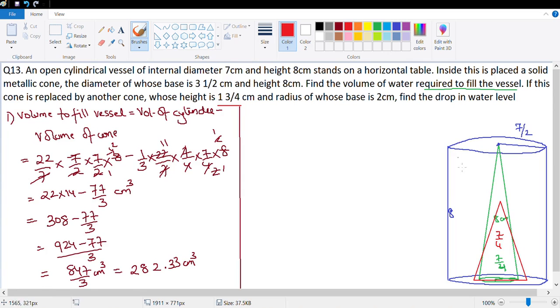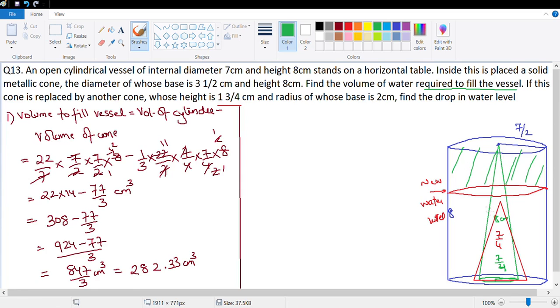So since we are not adding any water, let's say that this is the new level of water. Earlier the water was spilled right till the top. Now let's say this is the new water level, which means this part is empty now. There is no water.